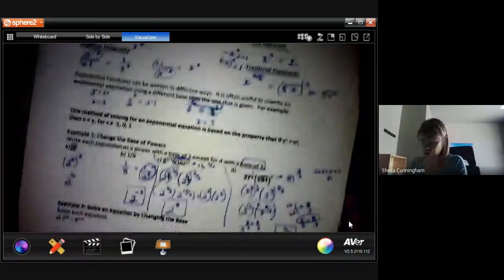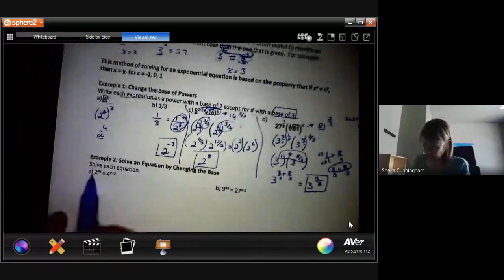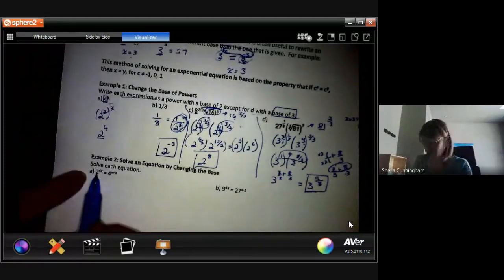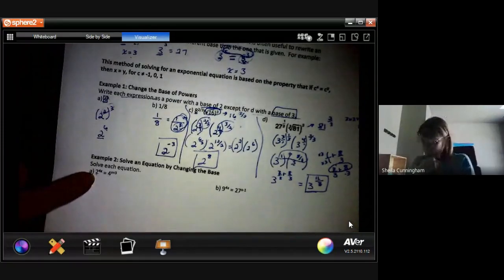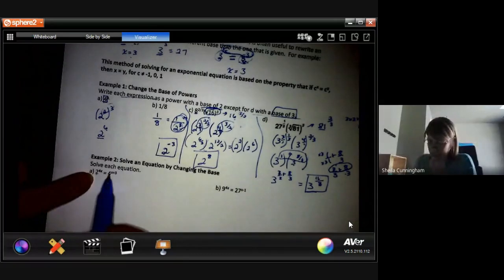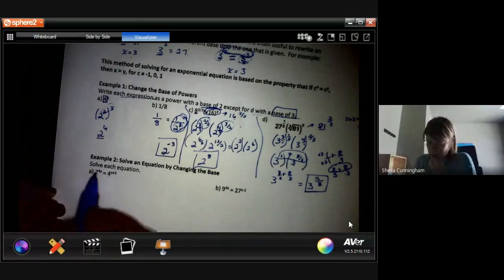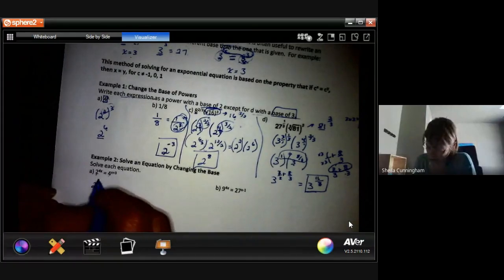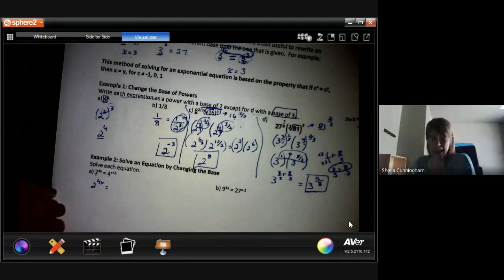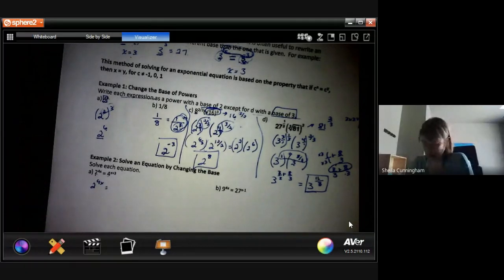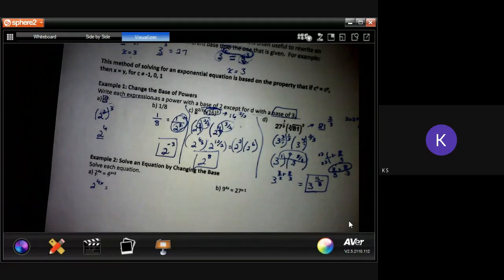Looking at what we've got, I have a base of 2 and a base of 4. My goal is to make these bases identical. The 2 is already pretty condensed, so I'm not doing anything with the 2. I can't simplify that anymore.